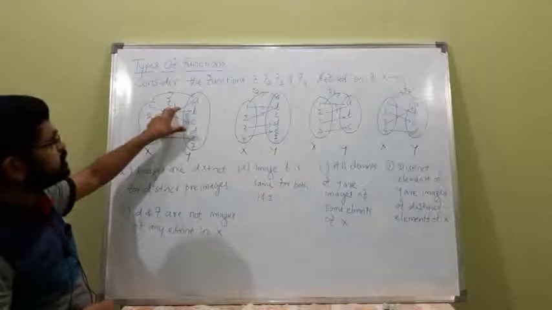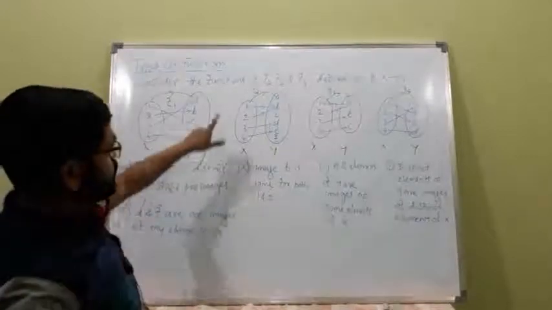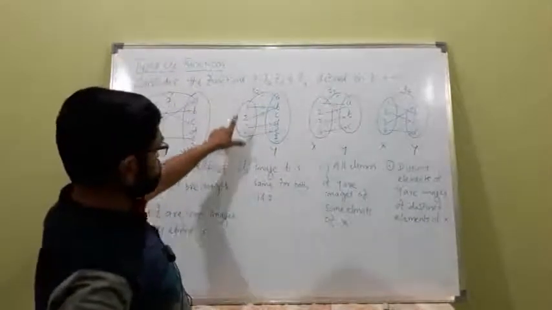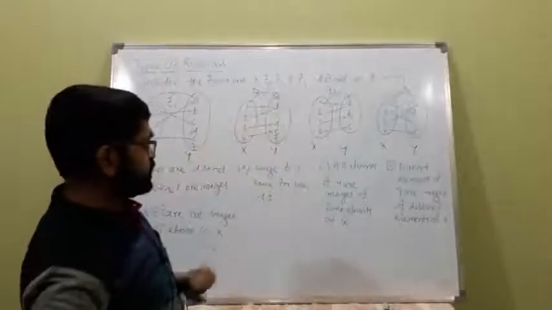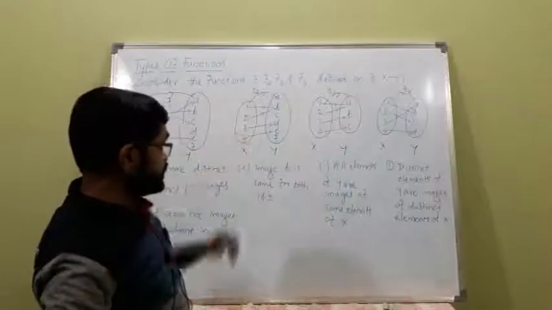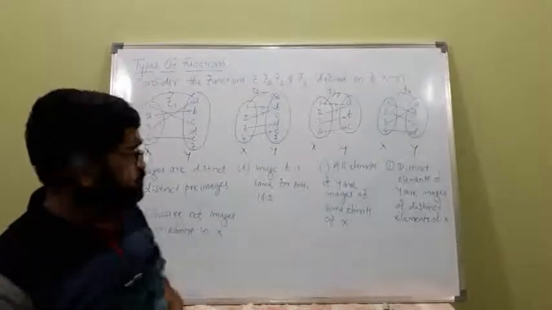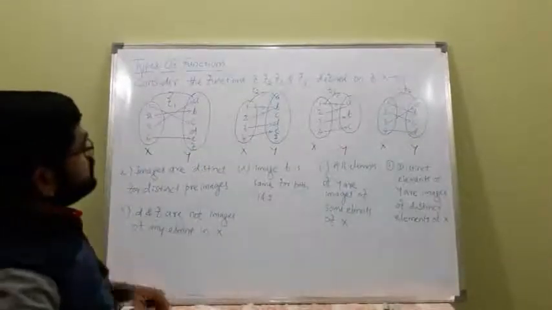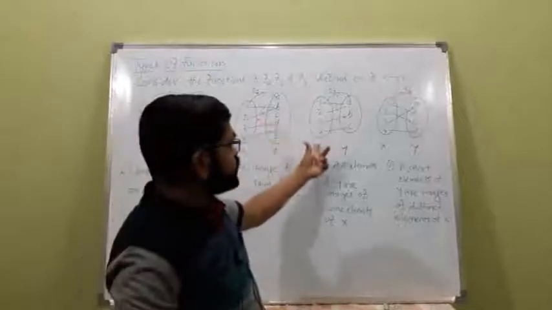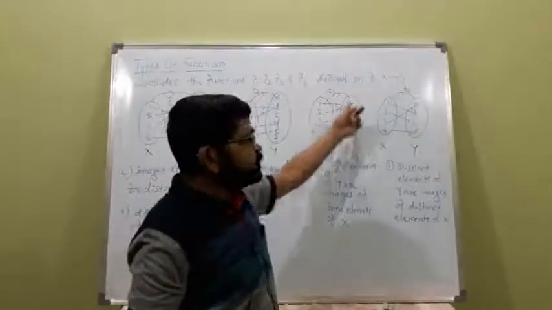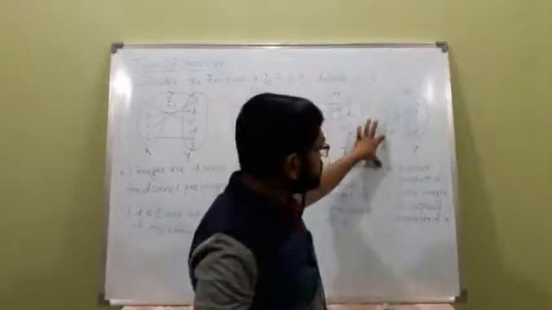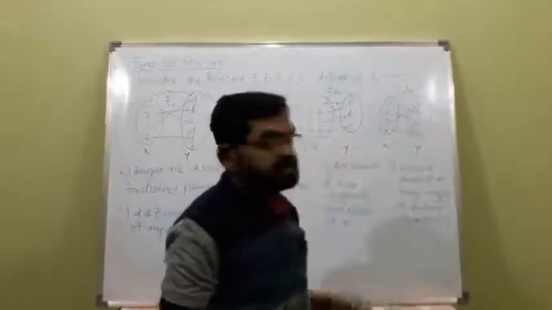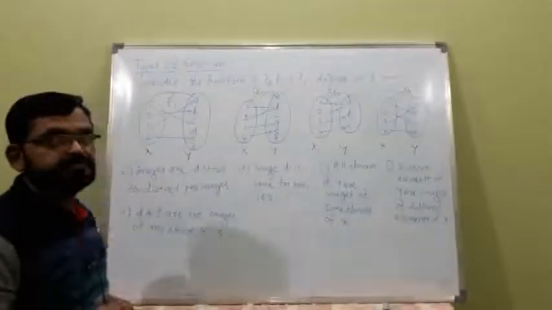For f2, the same domain 1, 2, 3, 4 and the same codomain, another function is defined as f2. For f3, the domain 1, 2, 3, 4 remains the same, whereas the codomain is only A, B, C. For f4, the domain is 1, 2, 3, 4 and the codomain is A, B, C, D.